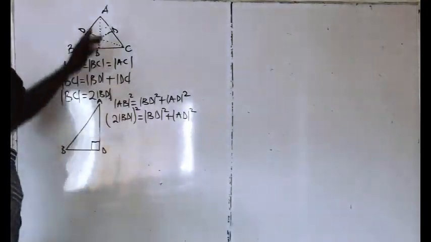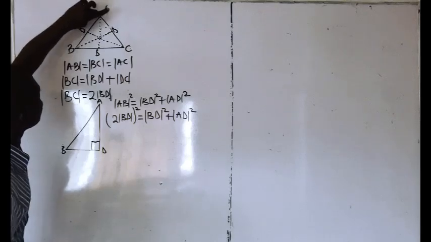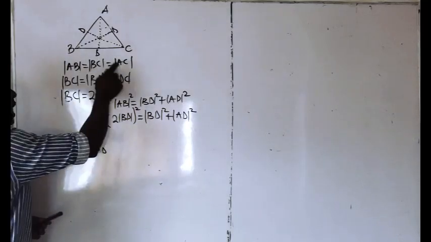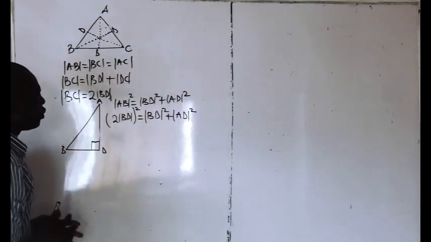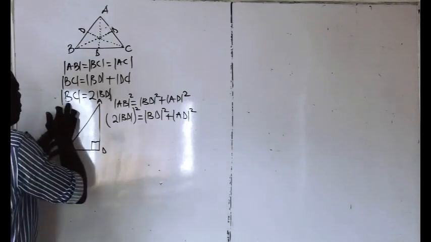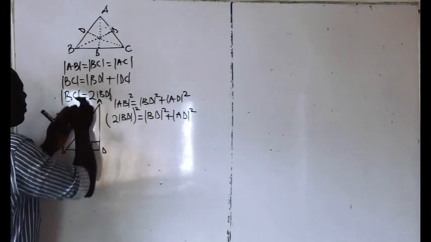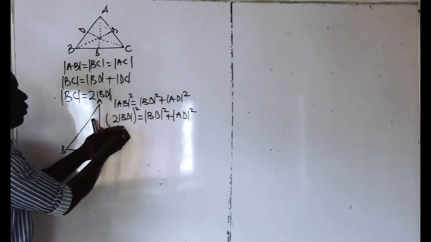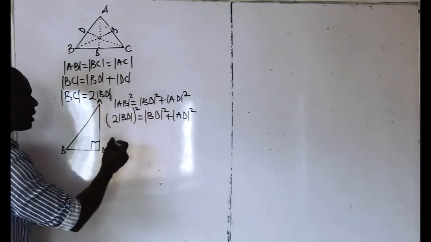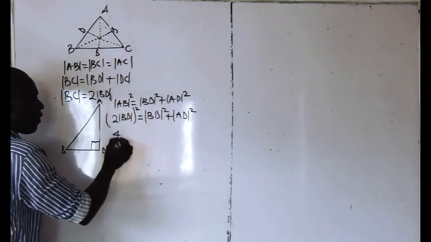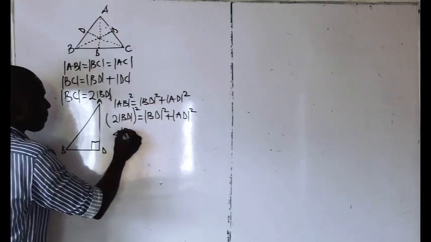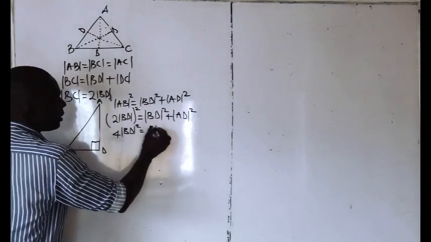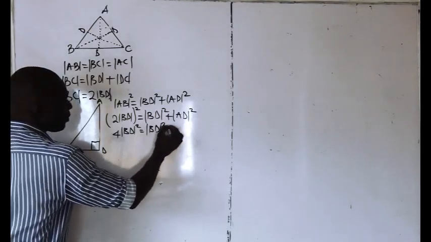So we are trying to find what this altitude AD represents. Since BC is 2 times BD, in place of BC, which is the same thing as AB, I can represent it with this expression. If we square this term within the bracket, this becomes 4 times BD square equal to the line BD square plus the line AD square.